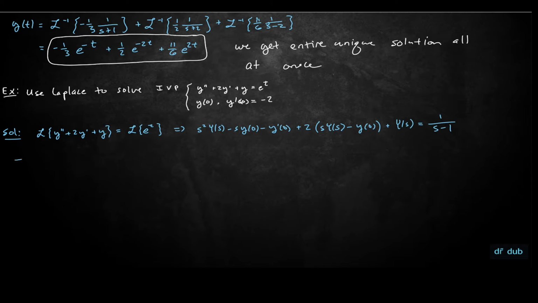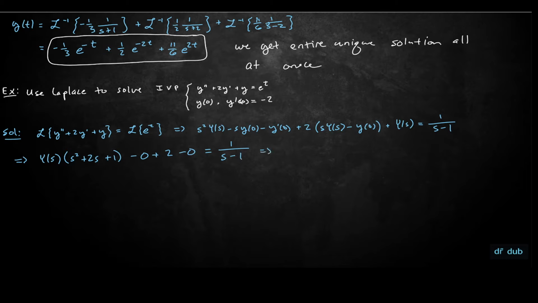Now we simplify, try to isolate capital Y of s. So Y of s on the left we can factor out. It's going to be capital Y of s times s squared plus 2s plus 1. And then the rest we can say, let's see, that's going to be minus 0 plus 2 minus 0 equals 1 over s minus 1.